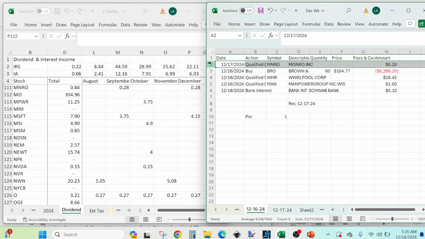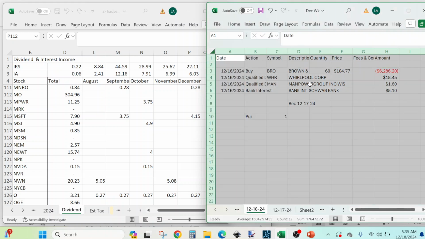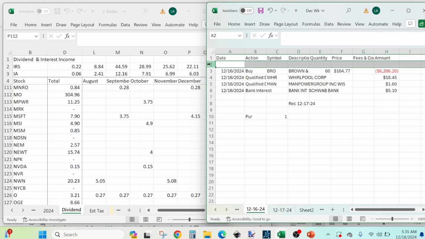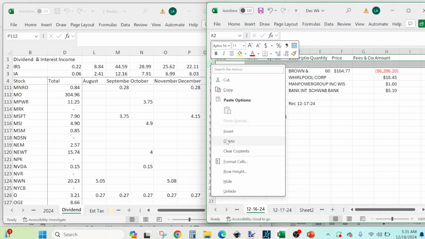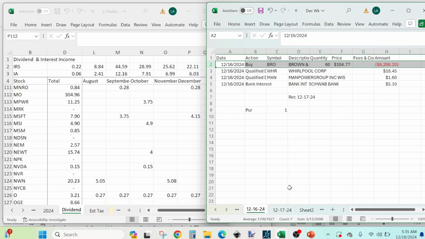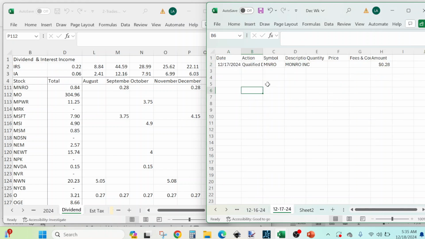Yesterday, so I'm going to take it out of here because it is for today. They must have paid early in the morning, but yeah, so 28 cents.